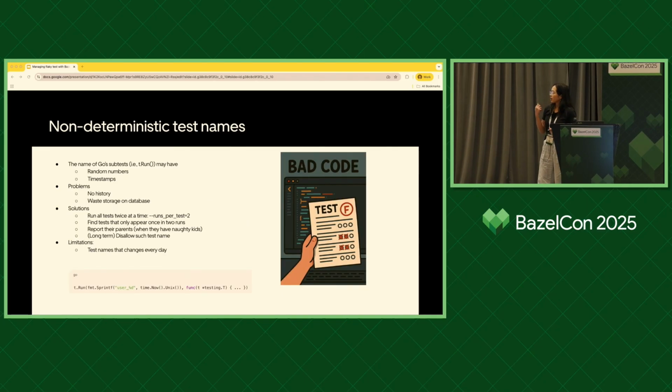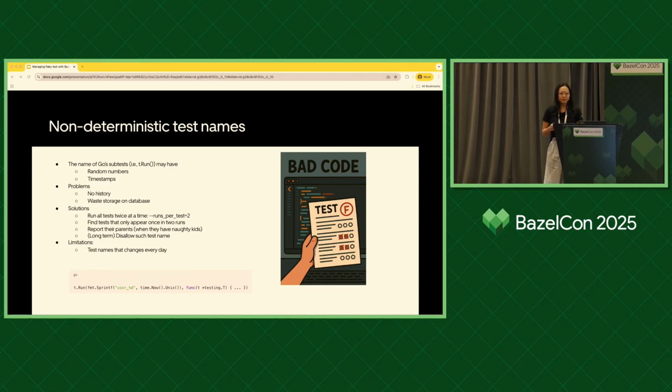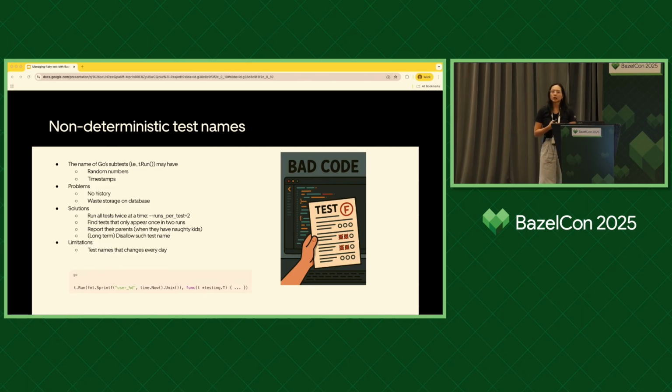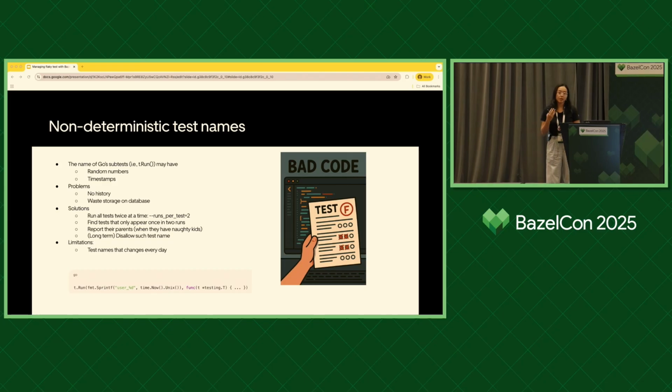Now, in terms of non-deterministic test names, in Go the subtests could be non-deterministic because they can be things like timestamps or random numbers. And ideally we don't report these because they won't have any test history, since you're essentially generating a new test name every time.